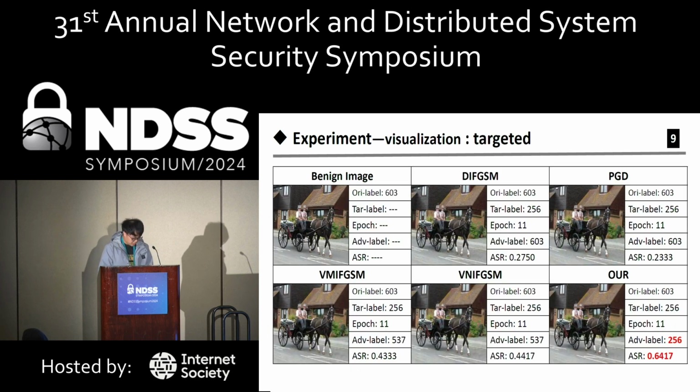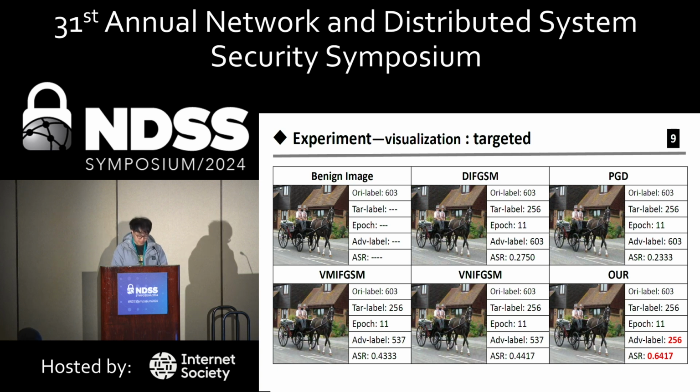The figure shows the adversarial examples generated by our method and baseline methods under target attack. In each module, our label represents the original label of the image. Tar label represents the target label.